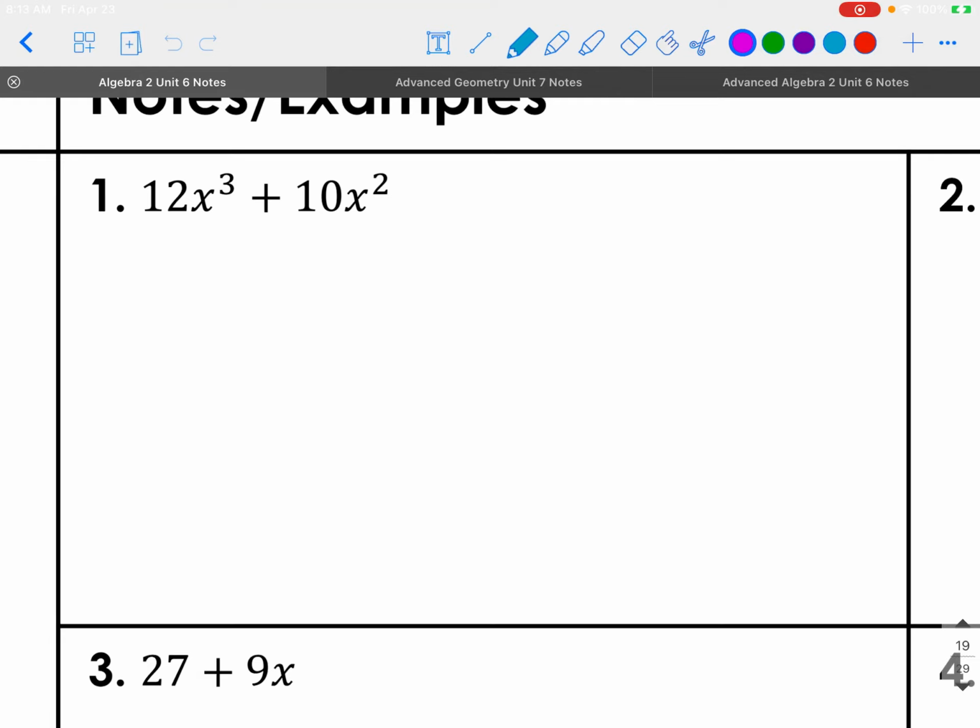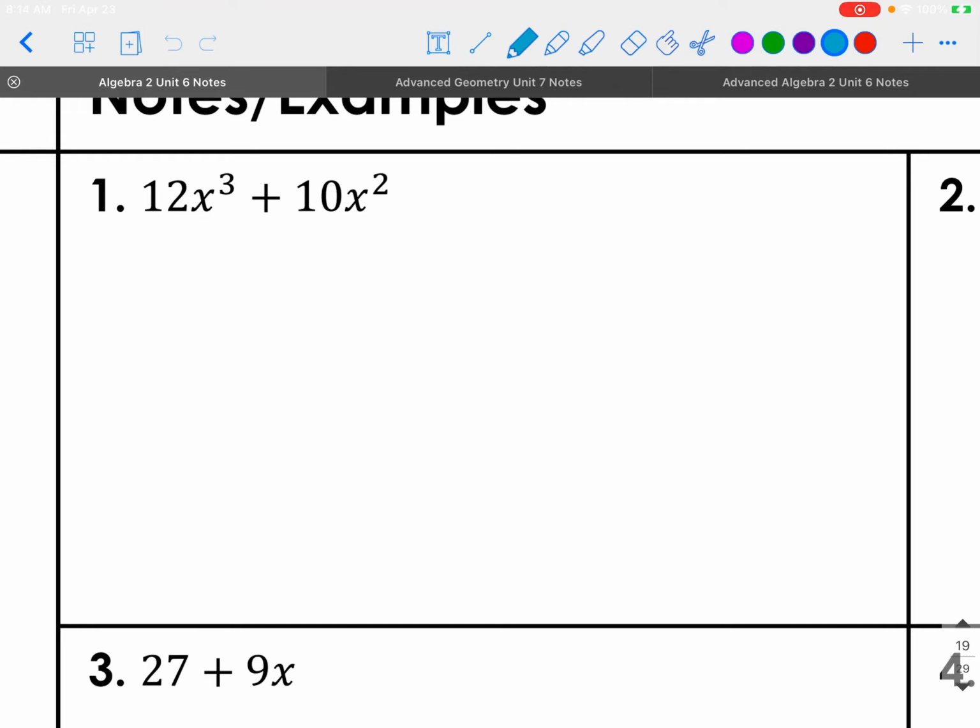So if we think about 12 and 10, what is the largest number that goes evenly into 12 and 10? Think about it. Try to figure it out. Well, 12, we got 1 and 12, 2 and 6, 3 and 4.